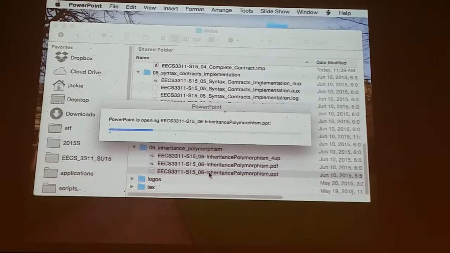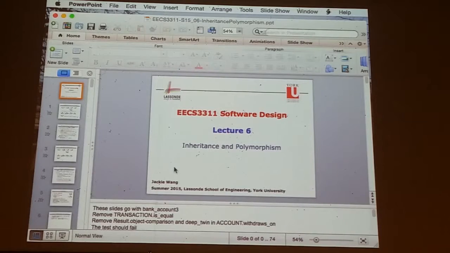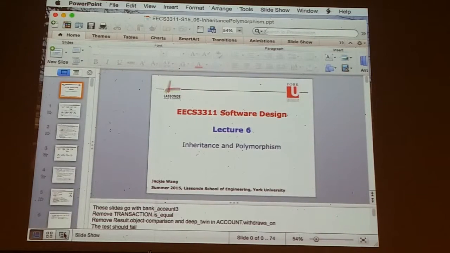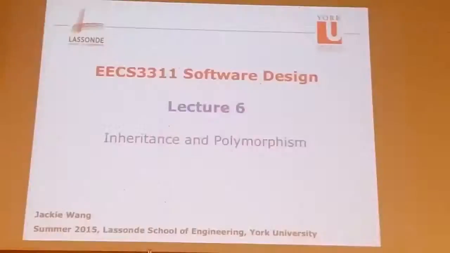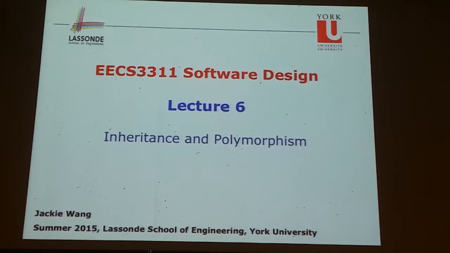Okay, so now we're going to talk about something called inheritance and polymorphism. And I believe many of the concepts you already learned from the Java course. But something that's really unique about Eiffel is that in Eiffel, we actually have contracts. So the most important message for you to get by the end of the lecture is to see how inheritance is going to affect the contracts between superclass and subclass.